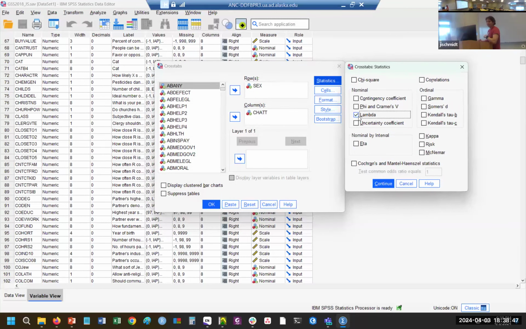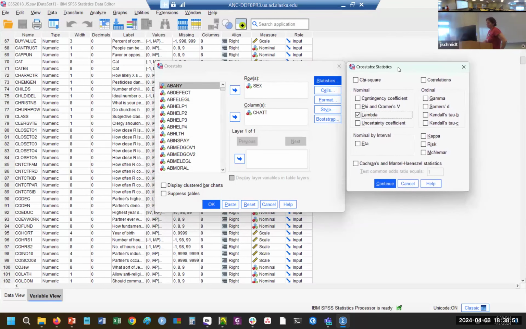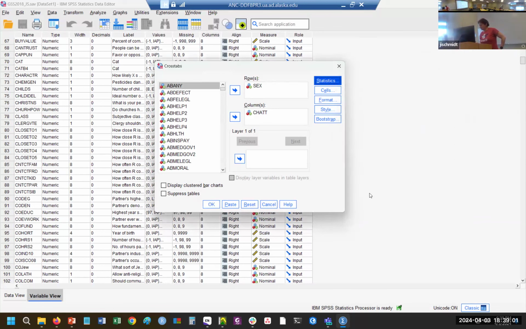We want to run some statistics with our table. Yes, SPSS is weird in that you have to go through everything. But yeah, so crosstabs, statistics, check your lambda, and then hit continue. We're already assuming a correlation, so we're not checking correlation.